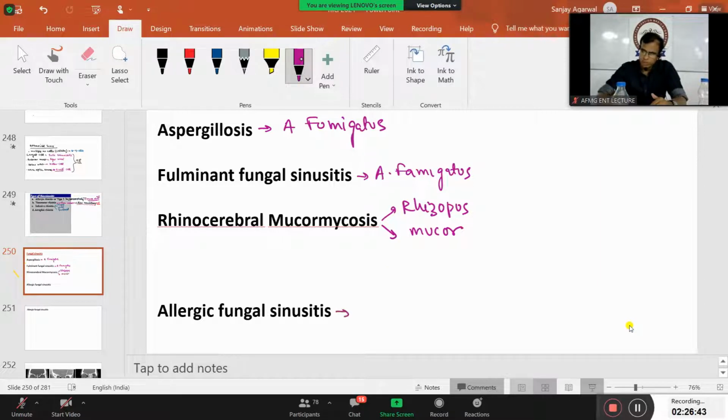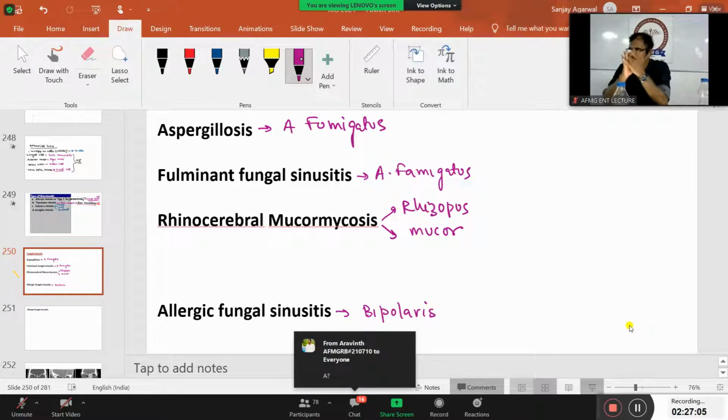And allergic fungal sinusitis is caused by bipolaris. Now, there are different funguses causing different fungal diseases. Therefore, if I ask you which is the most common fungus causing rhinosinusitis, Aspergillus fumigatus. And the most common disease being the first one, aspergillosis.